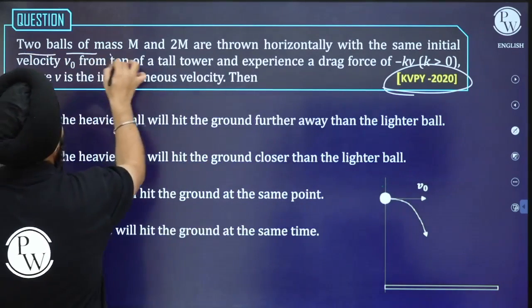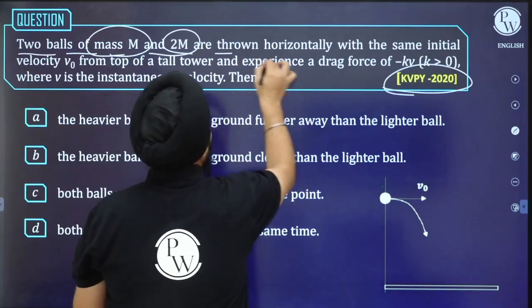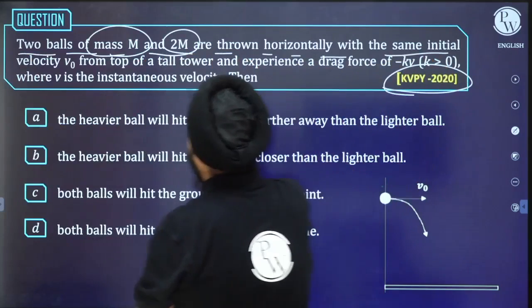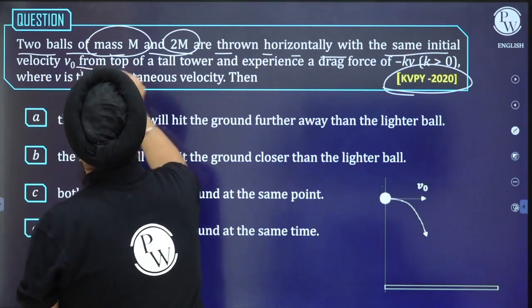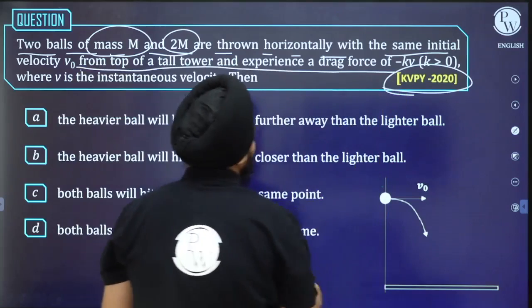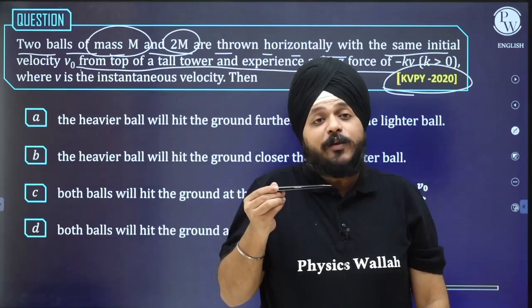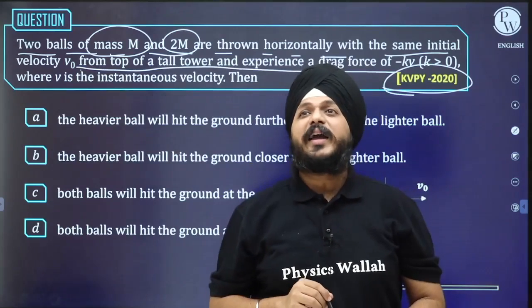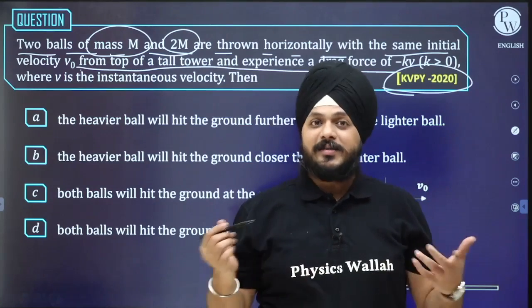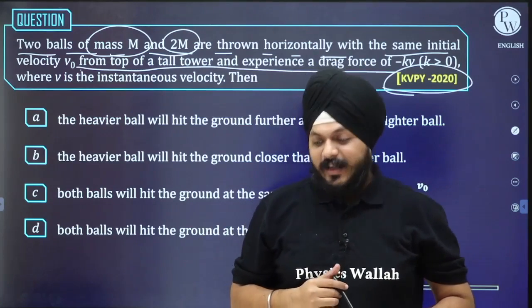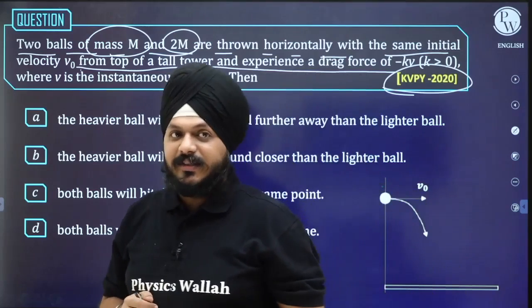Two balls of mass m and 2m are thrown horizontally with the same initial speed v0 from the top of the tower. This is the top of the tower, one object of mass m. Sir, kinematics and mass, I said before, we can't bound ourselves.